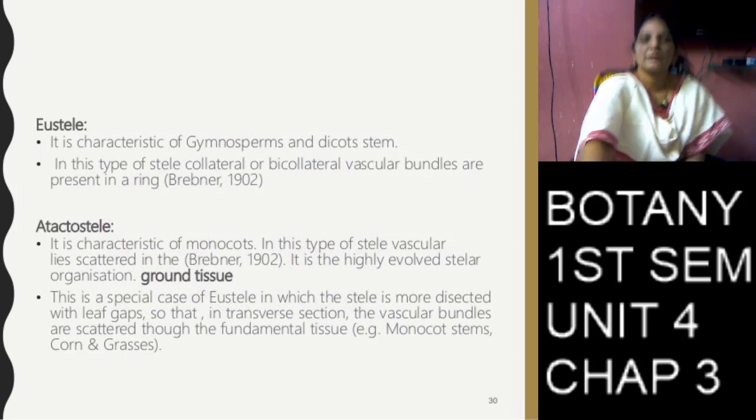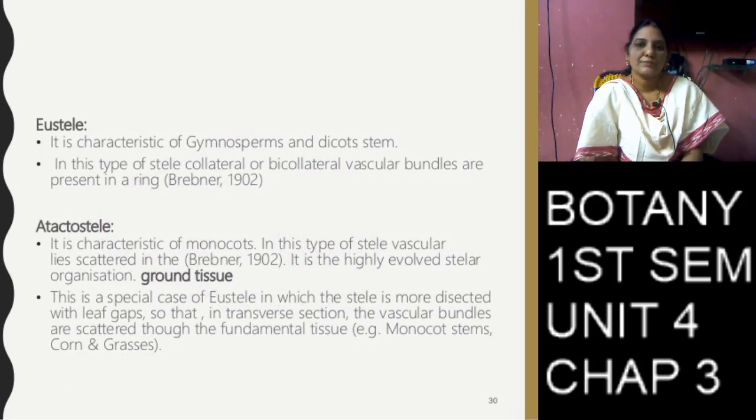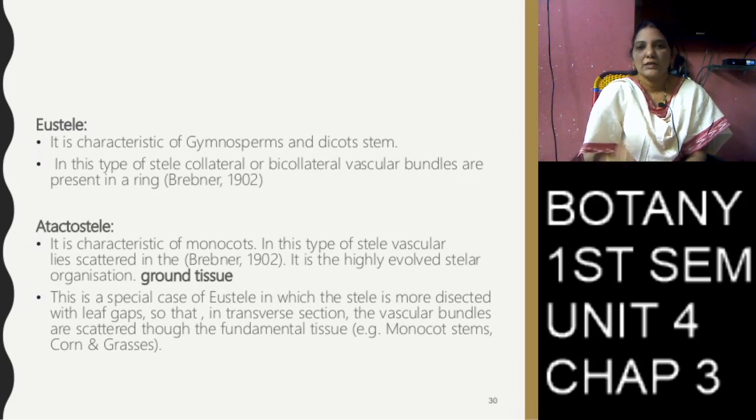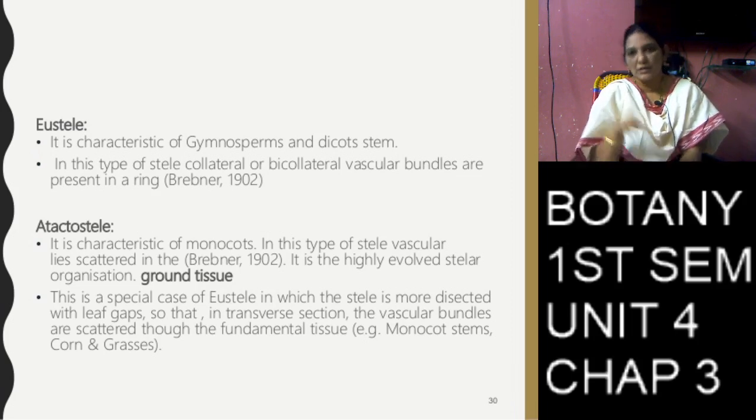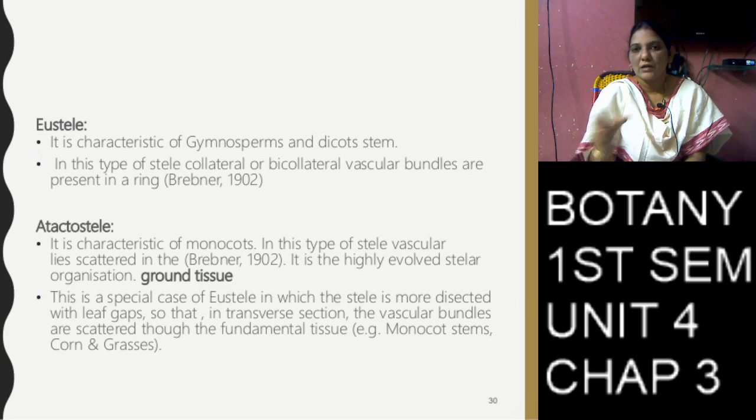Next one, coming to the eustele. So here vascular bundles are arranged in a round shaped structure or ring shaped structure.